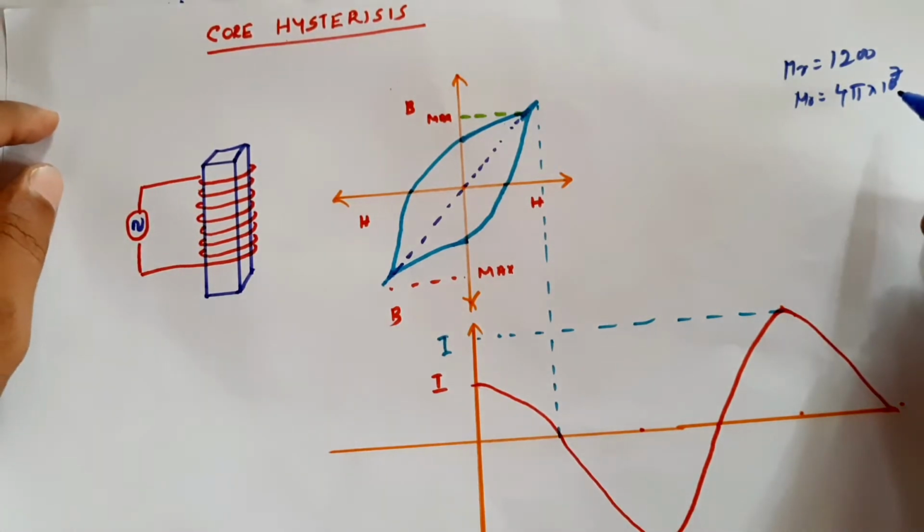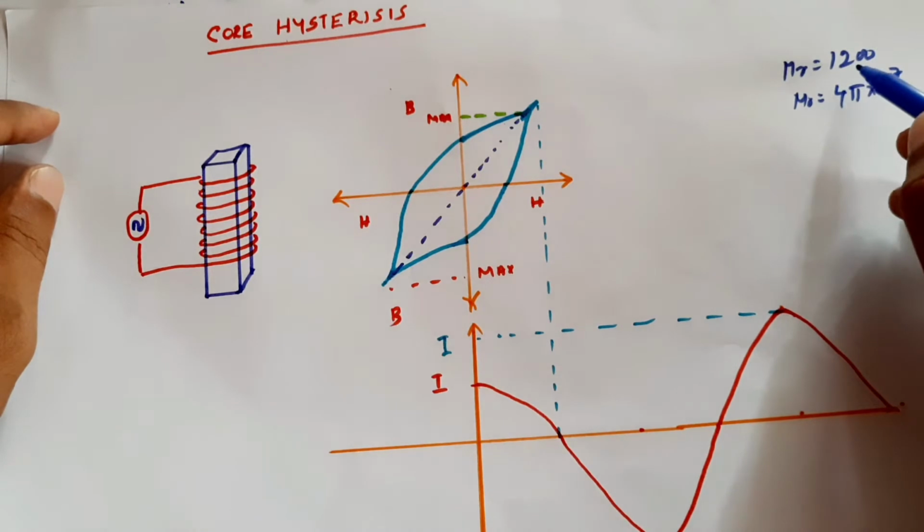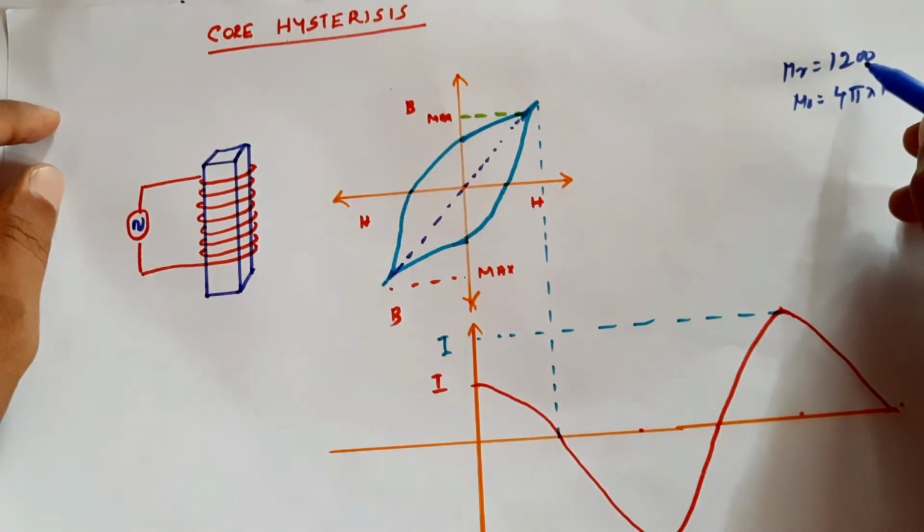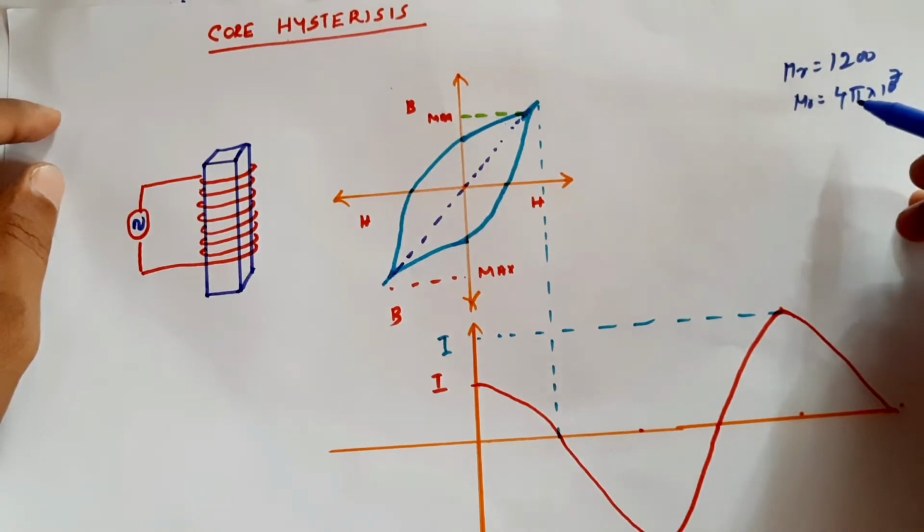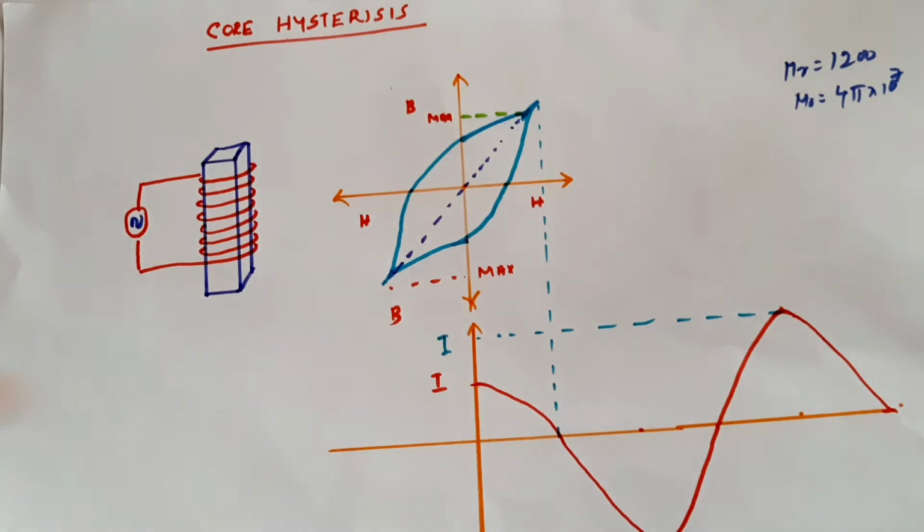But if we put an iron core inside it, it will generate 1200 times the flux generated by the air. Now we consider what is hysteresis.